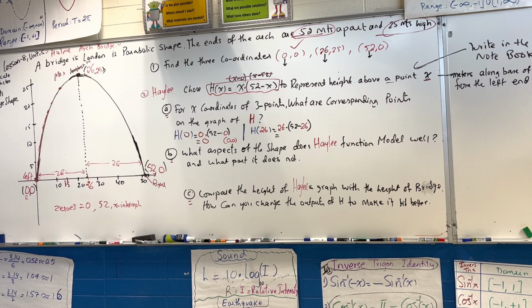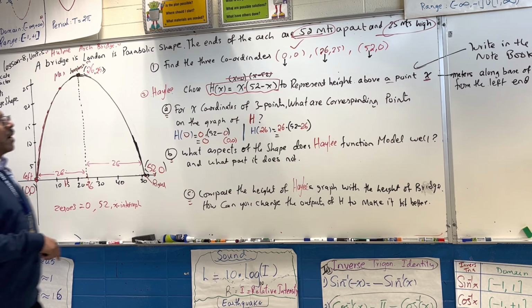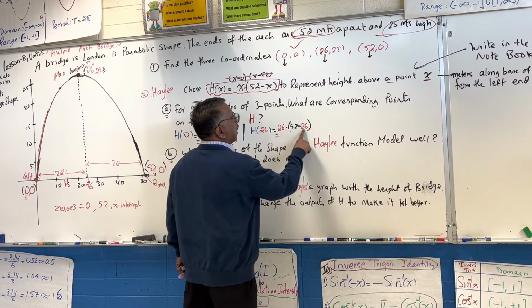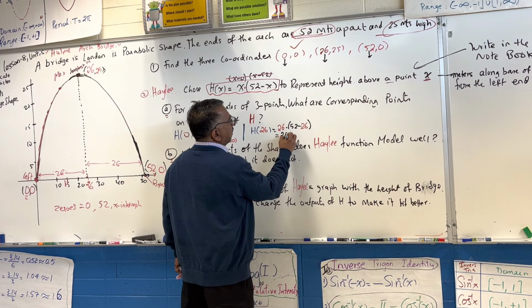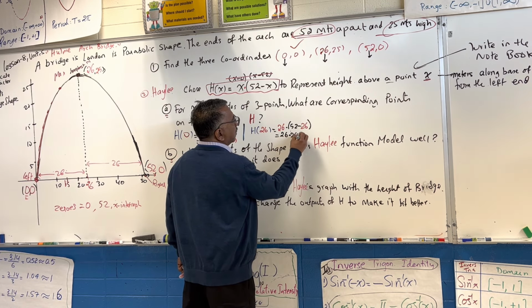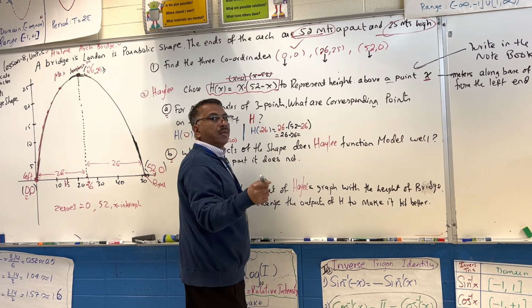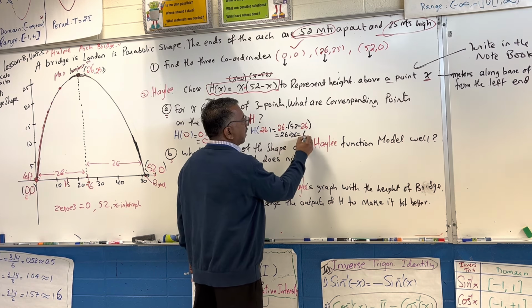Can you work it out and see what answers you get? So 52 minus 26 is again back to 26, so it is like 26 times 26. And if you do a little calculation on the rough sketch, you get 676.